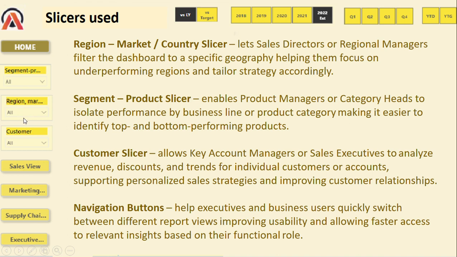I have given the region, market or customer country slicer to facilitate the regional managers and sales directors to go to the data of their relevance, and then the customer slicer will allow the key account managers or sales executives to analyze the metrics and support personalized sales strategies. And here are the navigation buttons which will help you to quickly navigate through the reports for seeing the data in different roles.